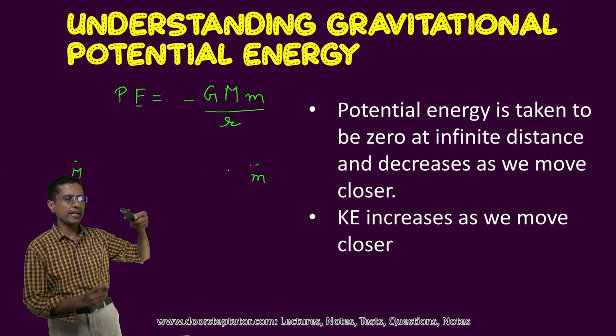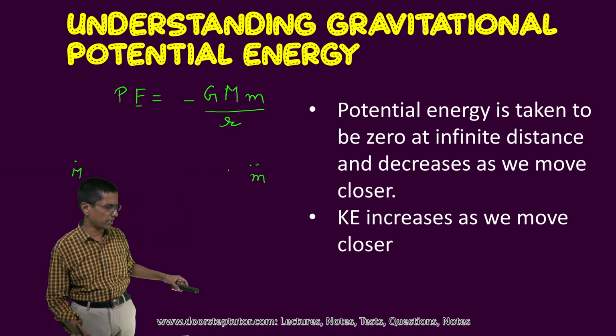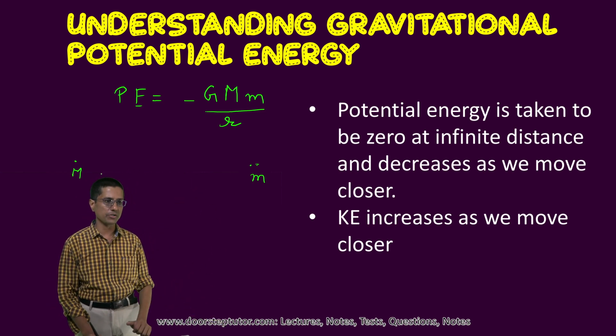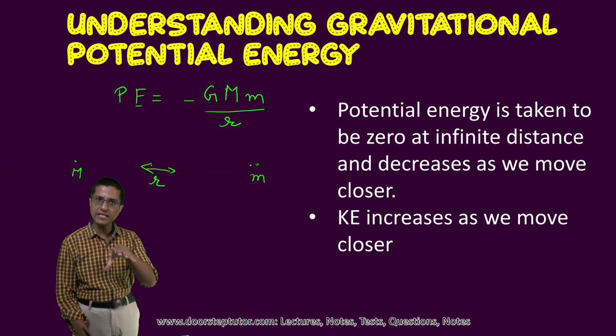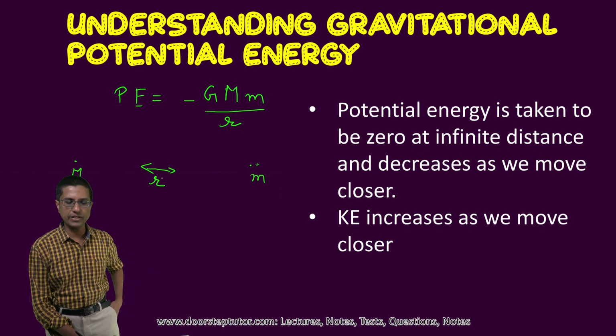The small m is any object, for example this remote, which we are pulling away from earth. Okay, so we are just trying to push it as far away from earth as possible. Okay, and the distance between these two objects is r. Okay, so that is where the r comes from, and if that was the case, then the gravitational potential energy would be equal to minus GMm upon r, the distance.